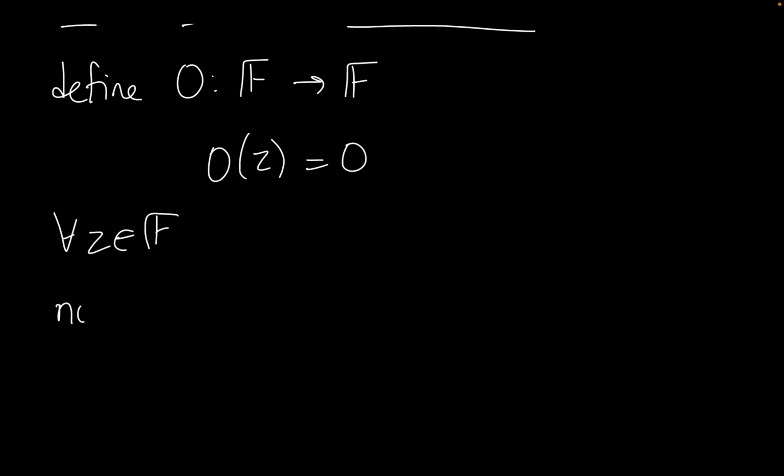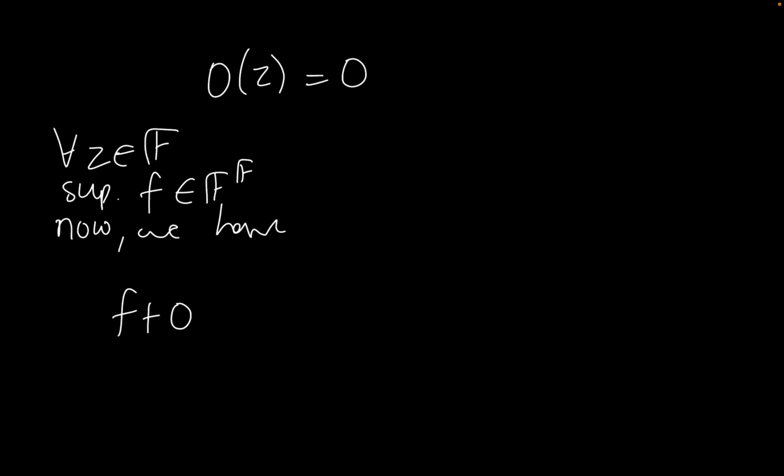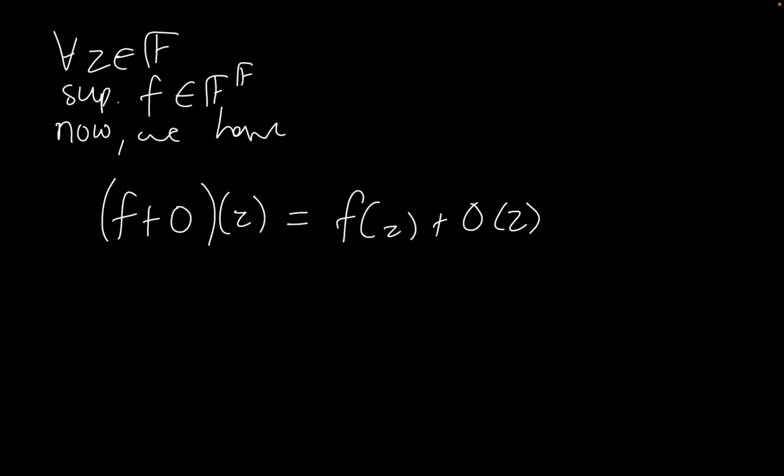So suppose f is a member of F to the F. Now we have (f plus 0)(z) is equal to f(z) plus 0(z), using the definition of addition that we defined. f(z) will be a scalar, 0(z) will be equal to 0. So this is f(z) plus 0, where 0 is a real number. Oh, sorry, not a real number, a scalar.